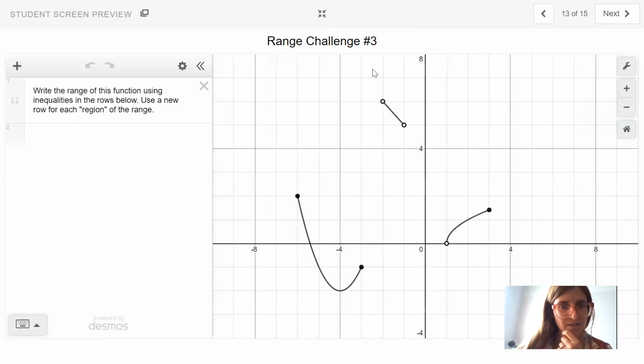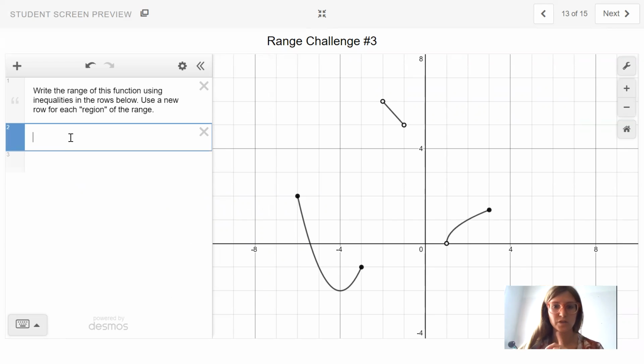All right, now let's look at this range. Again, we're going to look at this piecewise function, and I'm going to identify the range of each piece. This first one, I'm looking at the domain still. We want to look at the range, the y values, up and down.